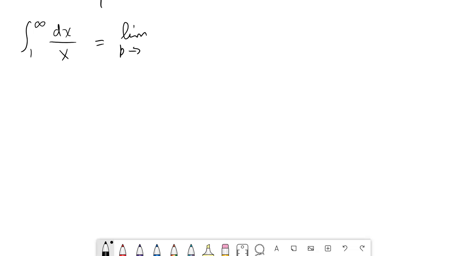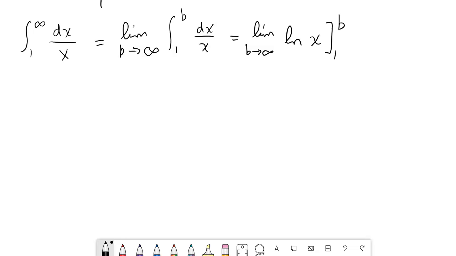I like to use b as the upper one and a as the bottom one, but you can use any letter. If you want to use the same letter to stay consistent, it doesn't matter. I just like using b because it's the upper limit. This is equal to the limit as b approaches infinity of the natural log of x evaluated at these 2 points.